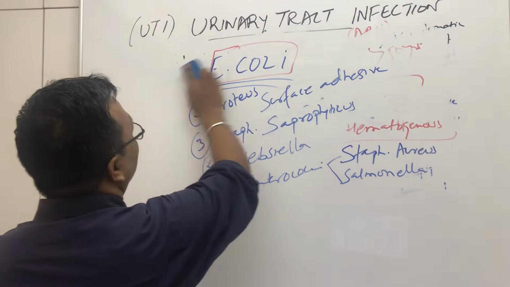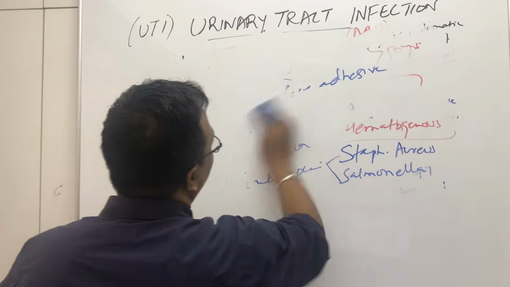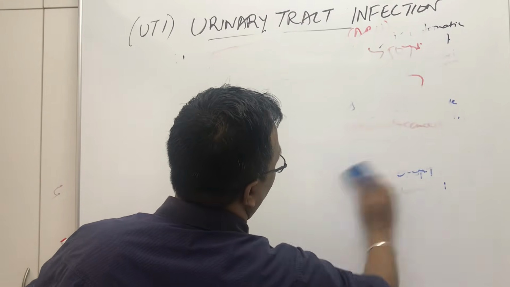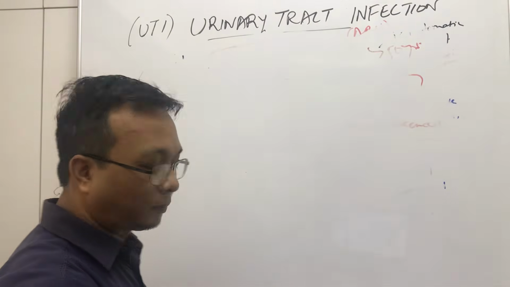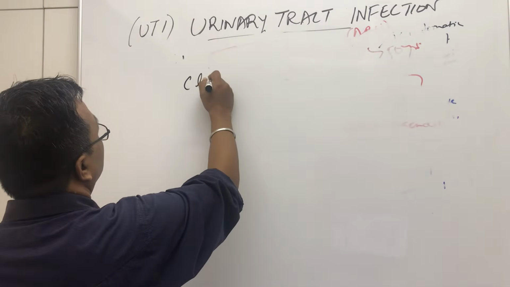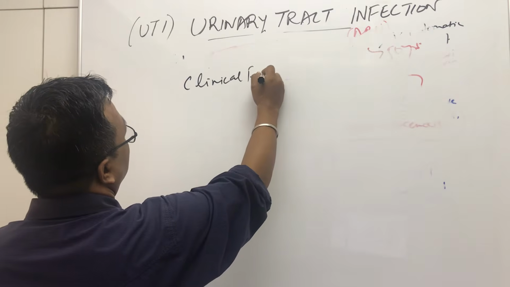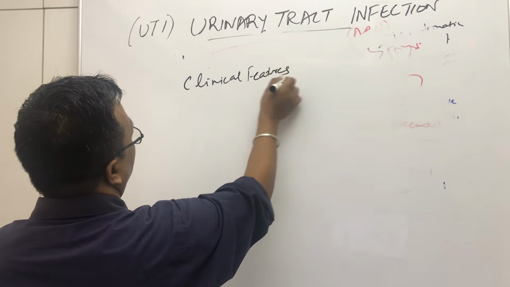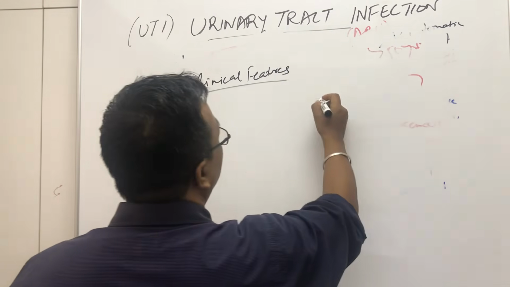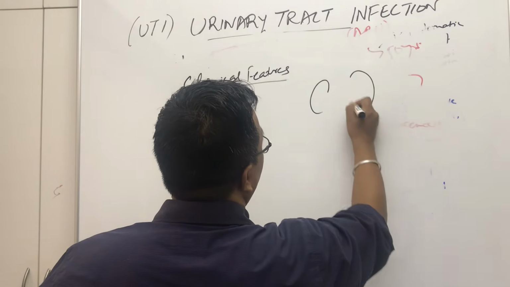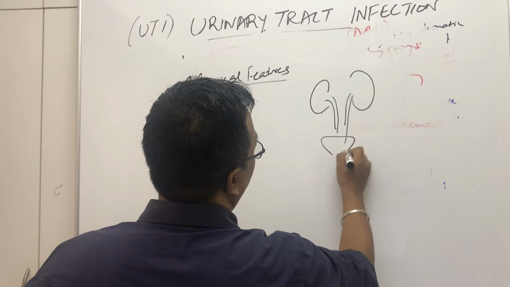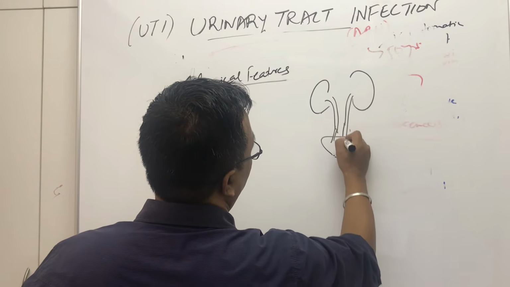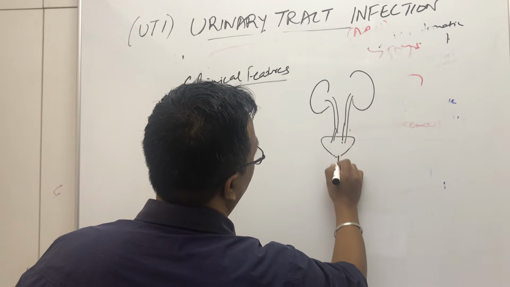Now let's quickly understand the clinical features, how the patient will present. So this is the kidneys, and they come to the bladder, and then the urethra.